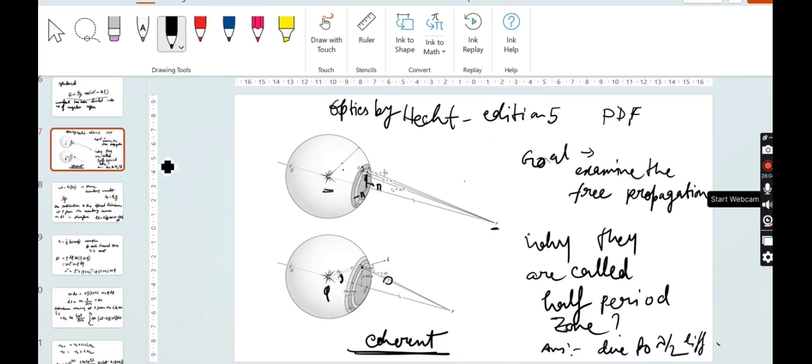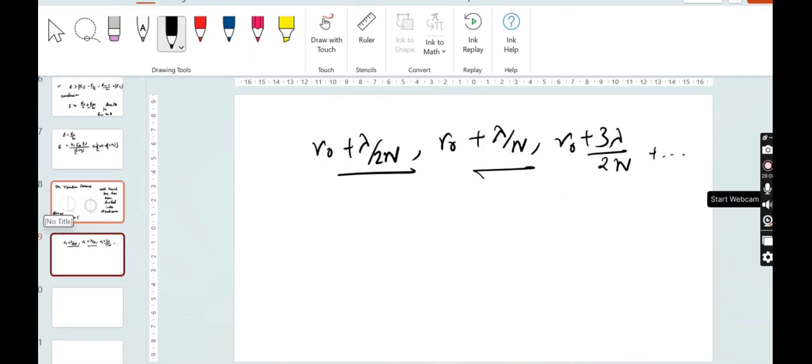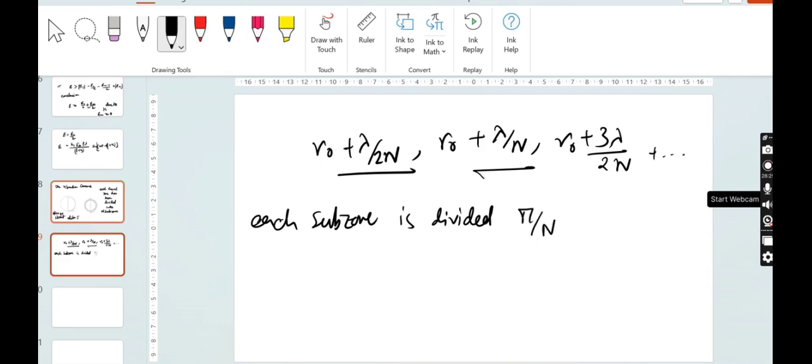This is also pi. So each subzone is divided by pi by n rad.